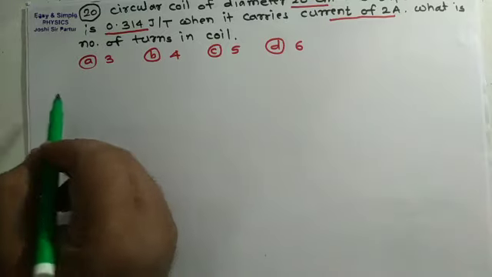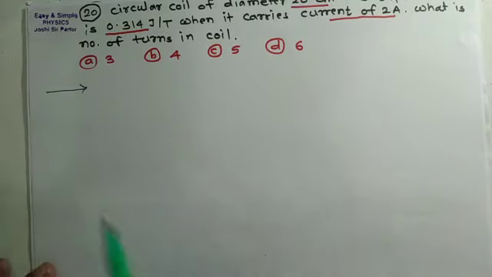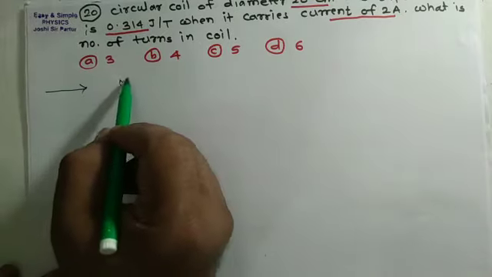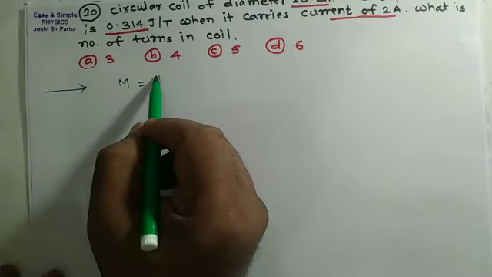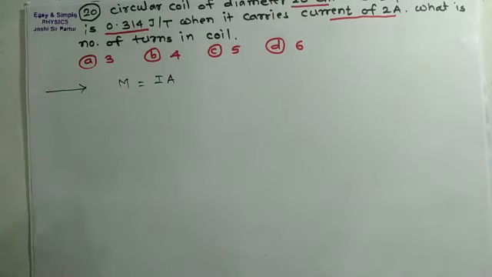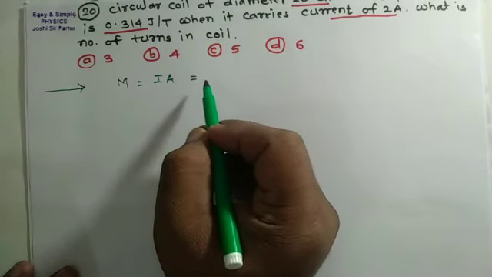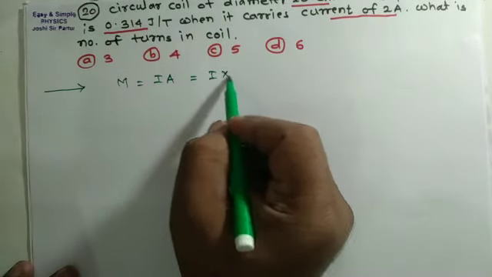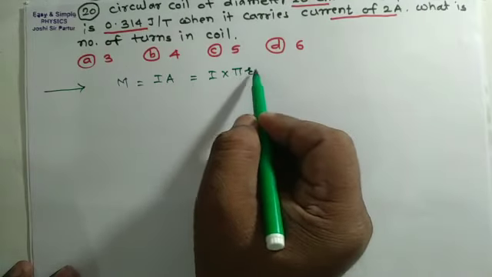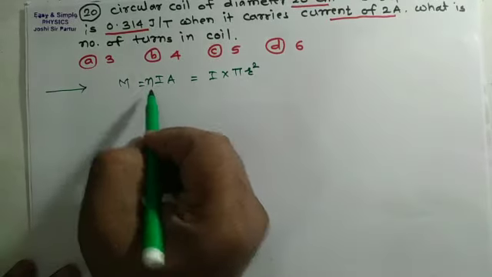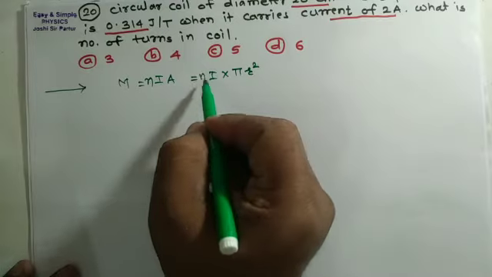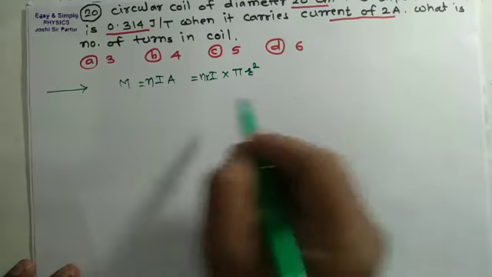See here, in such an example we can use a formula. That formula will be M is equal to IA, that is I multiplied by pi r square, or N into IA. So N into I pi r square.